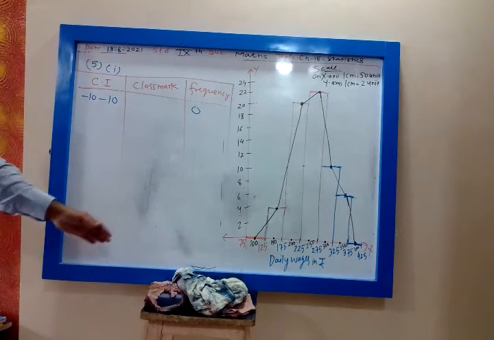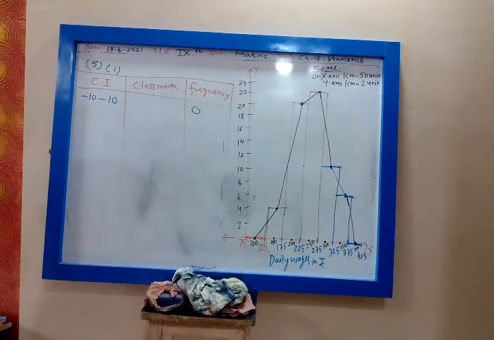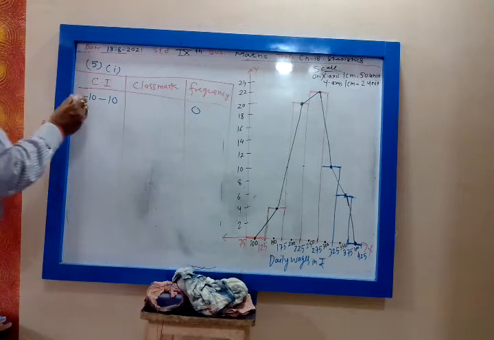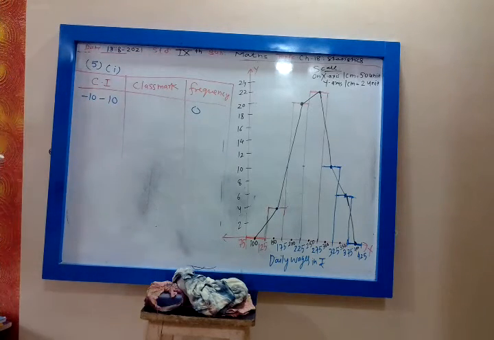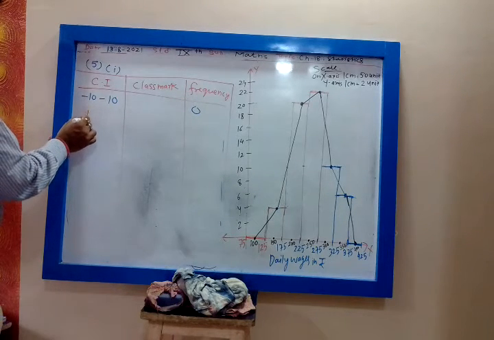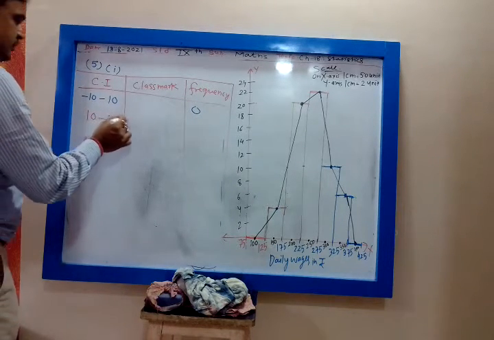So first class interval, we take minus 10 to 10 because the difference is 20. Then 10 to 30, frequency is 4.